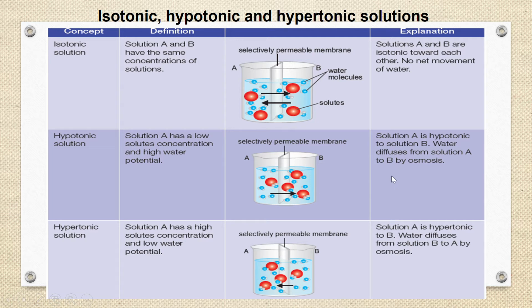So osmosis tells us that water will diffuse from region of high water potential to region of low water potential. That means it is down the concentration gradient without the expenditure of energy. So without the use of energy, it's a passive transport. Therefore, water diffuses from solution A to solution B by osmosis.